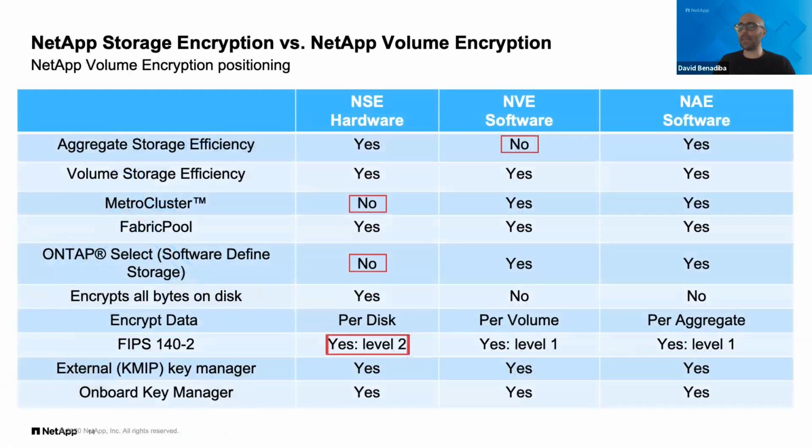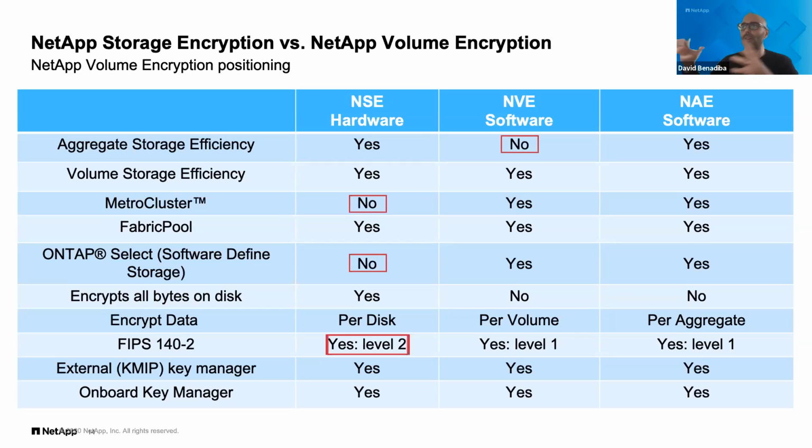Okay, so in this table, I've put some of the features that we are comparing between the three different options, whether it's the hardware-based encryption called NSE, or the software-based encryption called NVE for volume encryption, or NAE for aggregate encryption. And I've pointed out some of the main differences. First, aggregate storage efficiency.